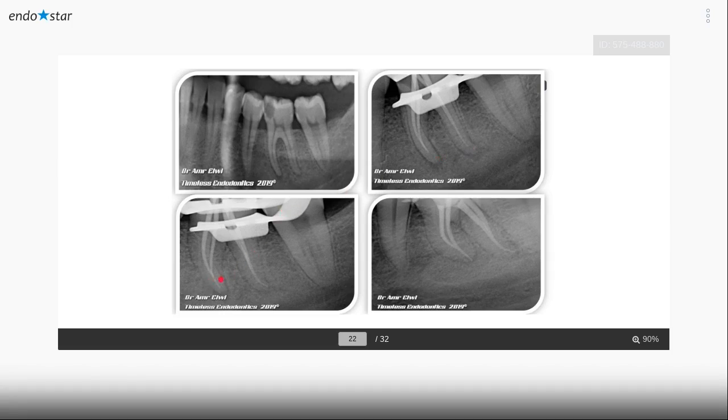Then I continued till I reached 35 taper 4 Azure. And it was very, very, very nice. Starting from these cases, I became more confident to involve Azure more to the apical 1/3, even in curved canals. And it did very well.